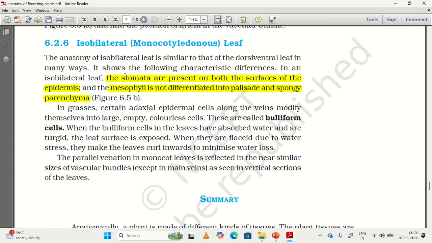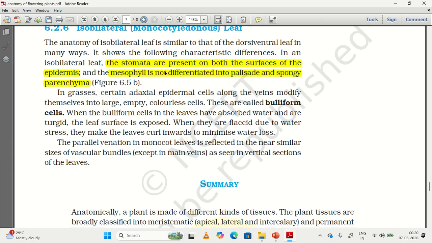In the dicot leaf, the mesophyll is differentiated into palisade parenchyma and spongy parenchyma. The palisade parenchyma cells are vertically elongated, and you have the spongy parenchyma with intercellular spaces between them.